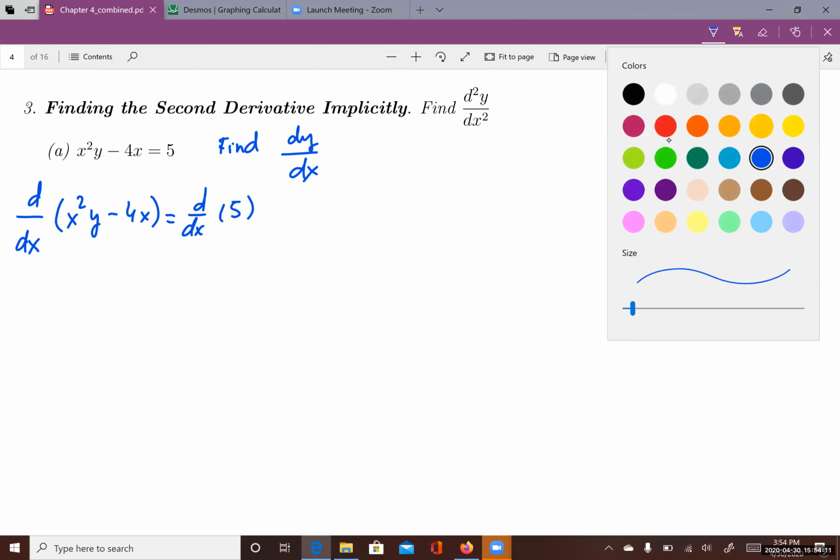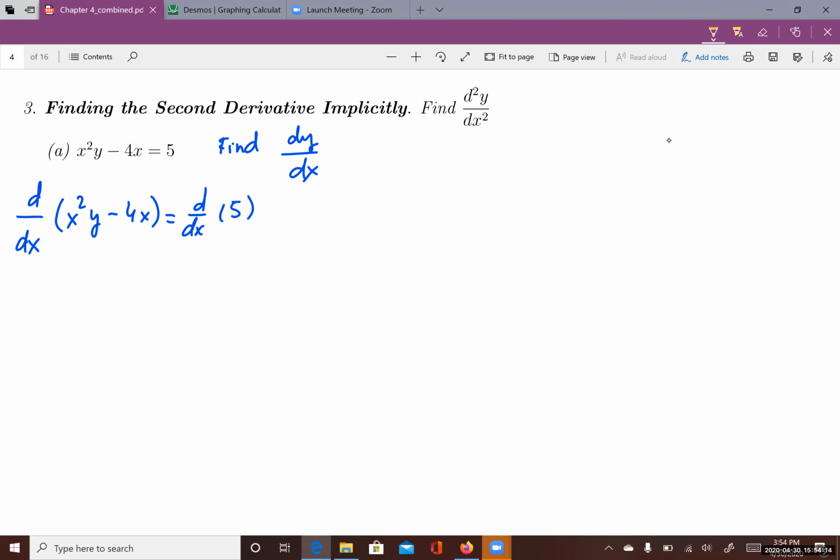If you look at these differentiations, you have a product and two terms. So you just need to find the differentiation of this term and then minus the differentiation of this term. And again, the derivative of a constant is 0. You have a product, so you have to use the product rule here.